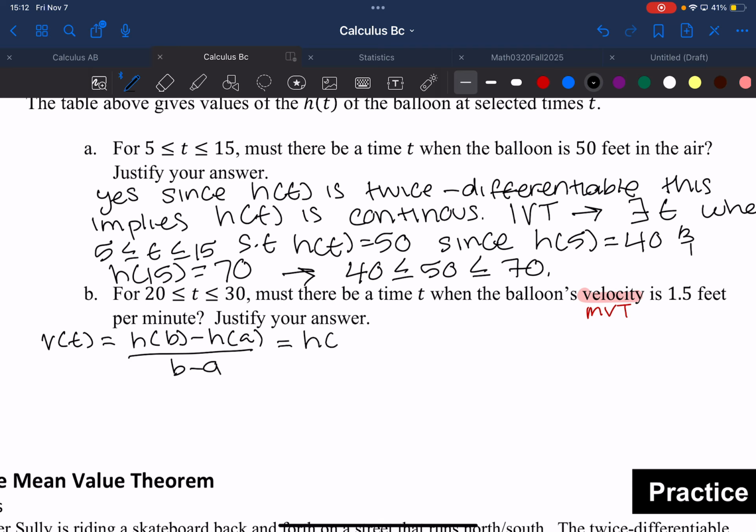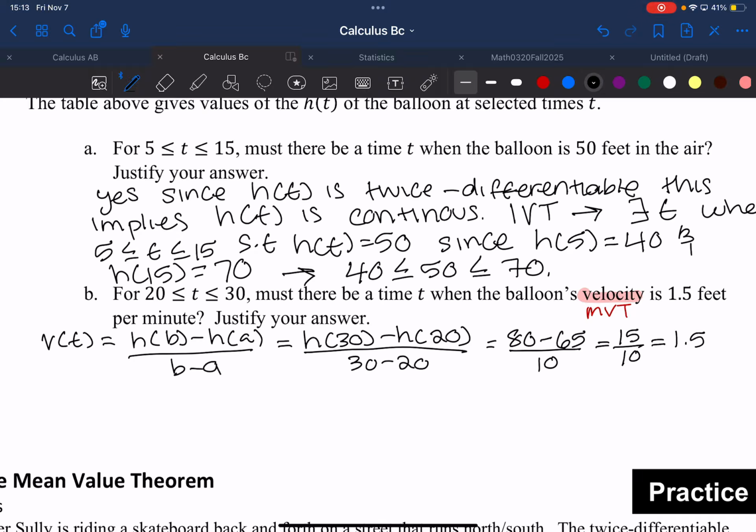So we would say h of 30 minus h of 20 over 30 minus 20. And then we would plug in the values from the table. So what is h of 30? 80. And what is h of 20? 65, all over 10. So 80 minus 65 is 15. 15 divided by 10 is 1.5 feet per minute.